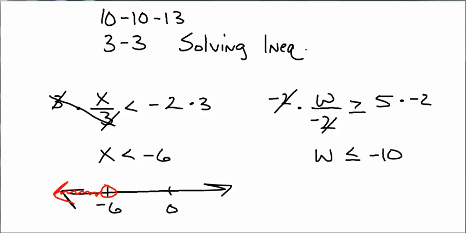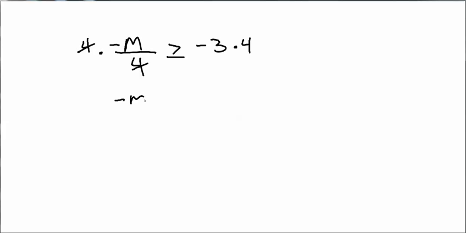Now, what would you do first? Okay, if you multiply both sides by 4, the 4's cancel. And you bring down your negative m, and it's greater than or equal to negative 12, isn't it?